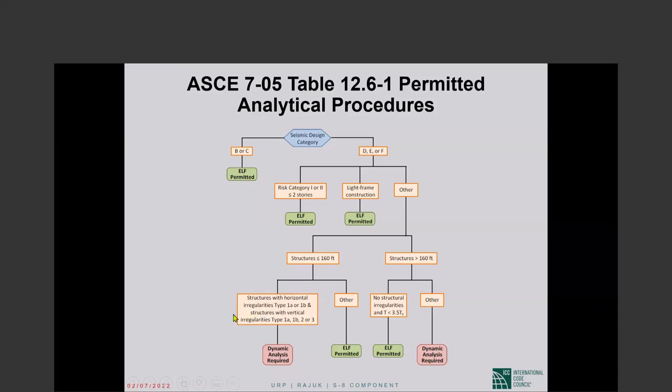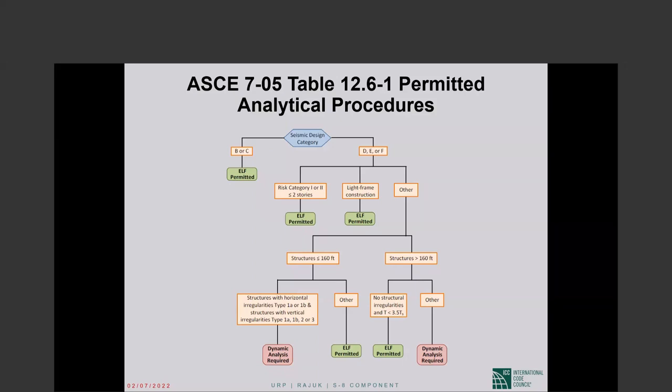among the different types of irregularity that we have, remember, 5 types of horizontal and 5 other types of vertical irregularity, some of those irregularities I will call quote unquote bad irregularities.